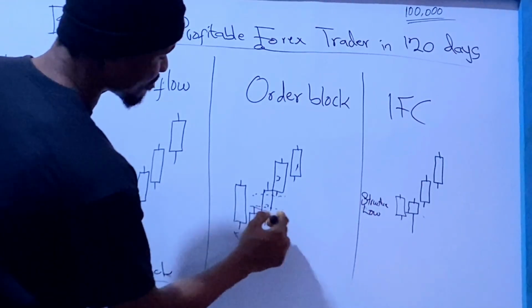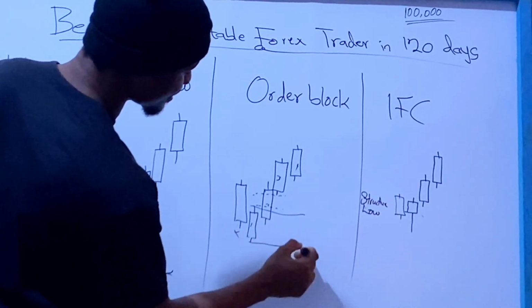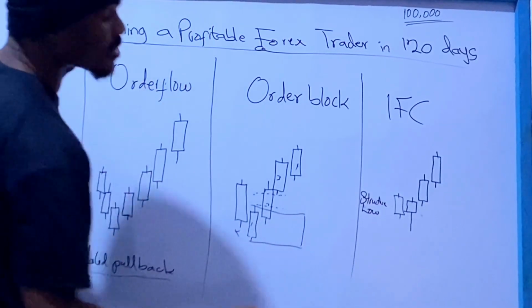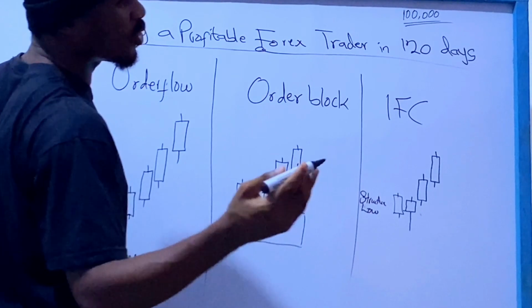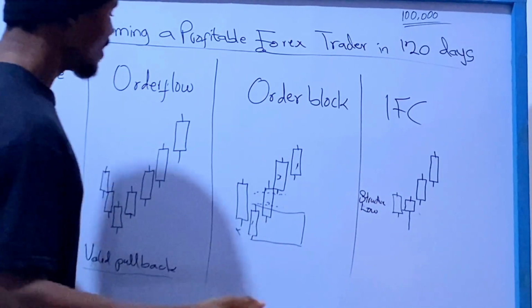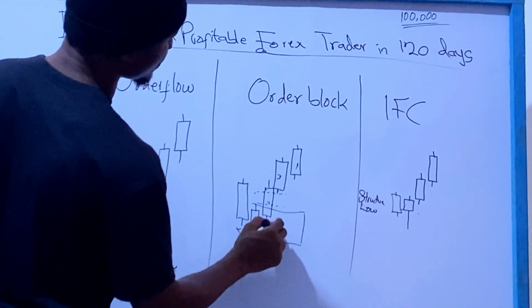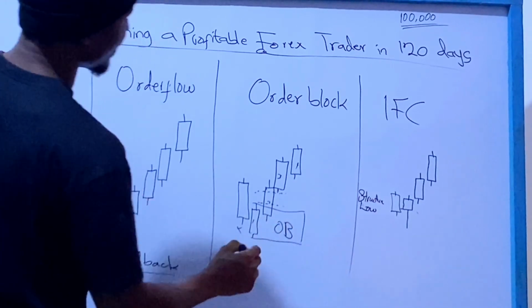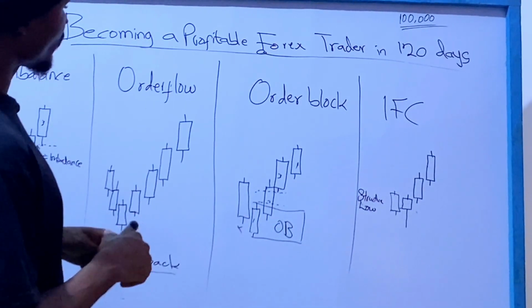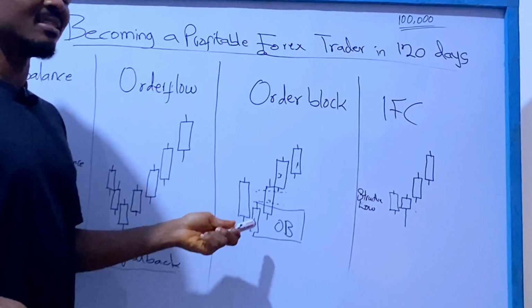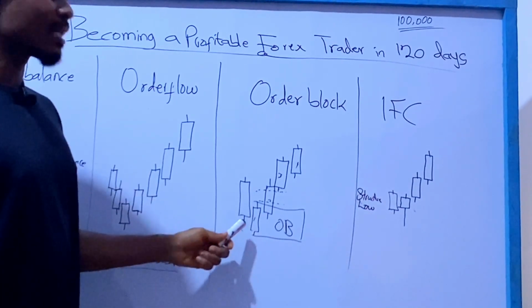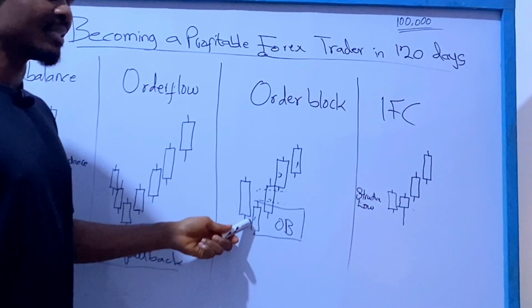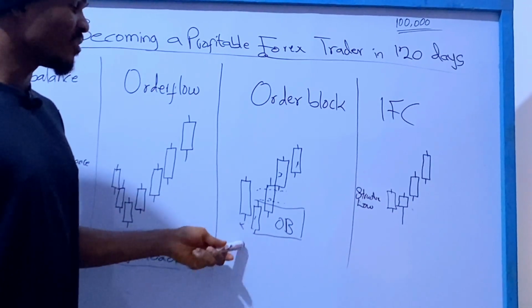So we can mark it out on our chart. If you're using a rectangular tool on TradingView or MT4 or MT5, you can just mark it as OB, for order block. So the first thing is the candlestick must take out liquidity. That's by taking out the low of the previous candle.